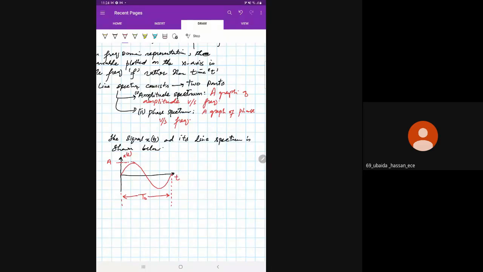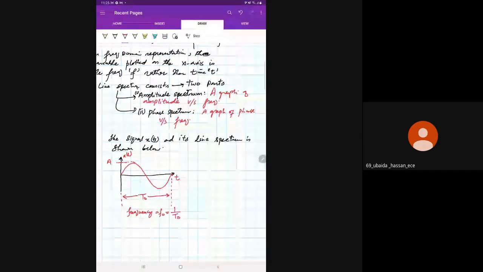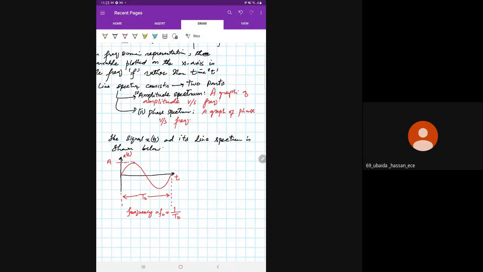So this is the time axis. If the time period is t naught, what is the frequency? The frequency of the signal is f naught, which is equal to 1 divided by t naught. Frequency is always the reciprocal of the time period of the signal. Now see, if we convert this into line spectra, we will have two different graphs: one is the amplitude spectrum, another is the phase spectrum.